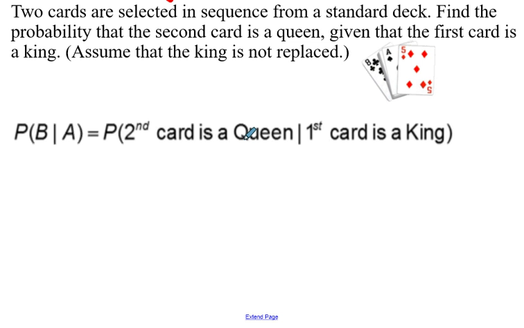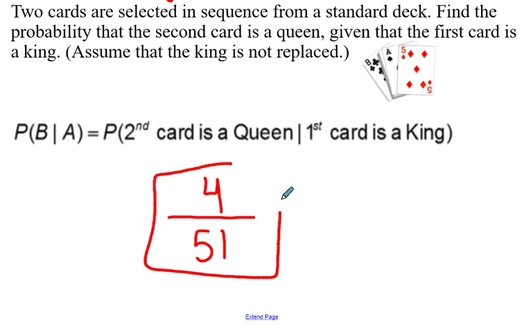Well, if I know the first card is a king, there are only 51 cards left in the deck, and there are still 4 queens left in there. So there is a 4 out of 51 likelihood that the second card is going to be a queen given the first one is a king, because in a normal deck of cards there are 52 cards and 4 queens, but 1 king has already been drawn. So 4 out of 51 chance.